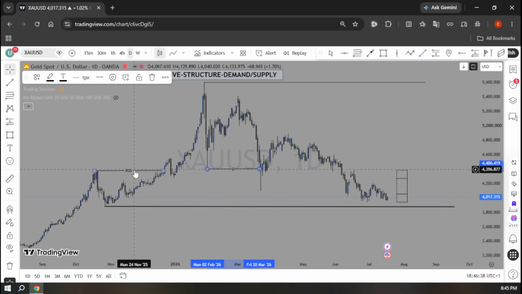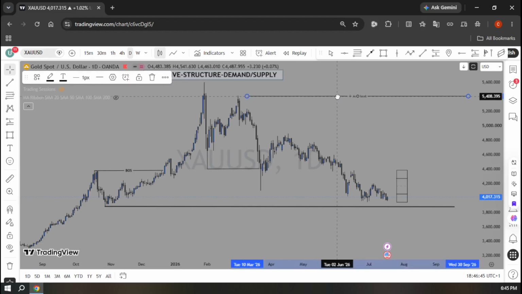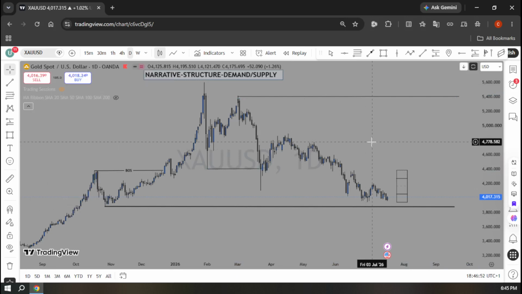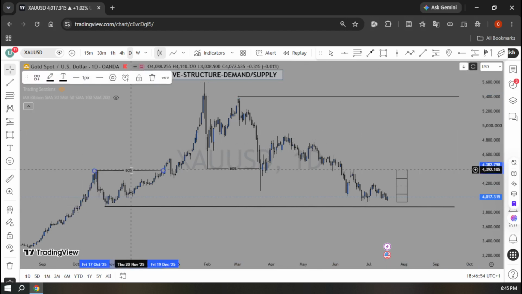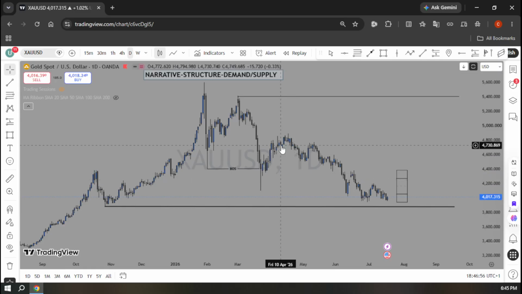So our daily dealing range changes from this high to this, which broke the structure. I'll take this out. So from then on we had all this happening, and this is a new break of structure.